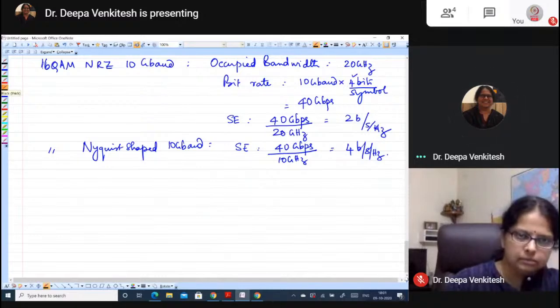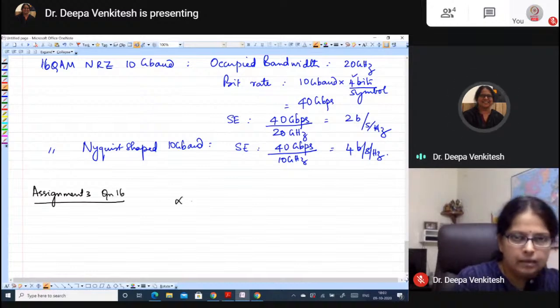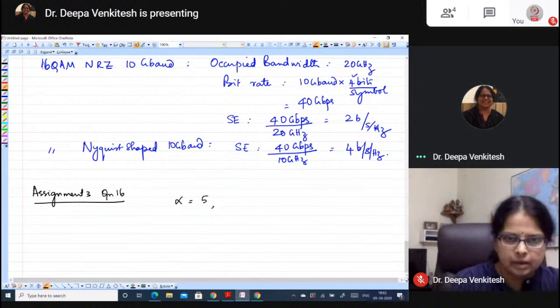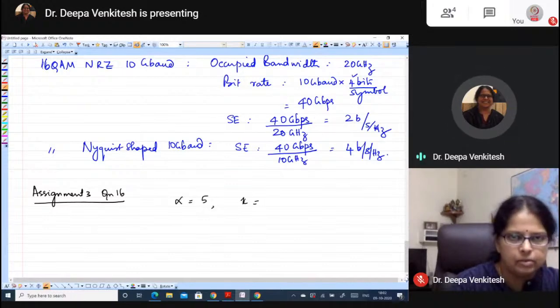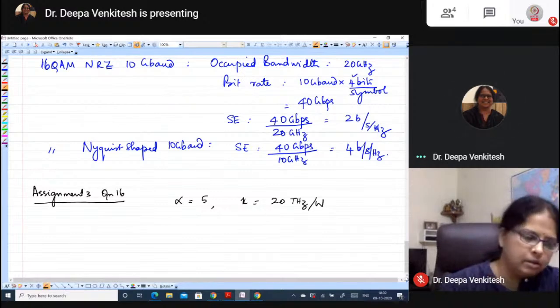So the line width enhancement factor alpha is given to be 5, and the adiabatic chirp coefficient, which we were calling kappa, is given to be 20 terahertz per watt. Yeah, so this is the question you want.